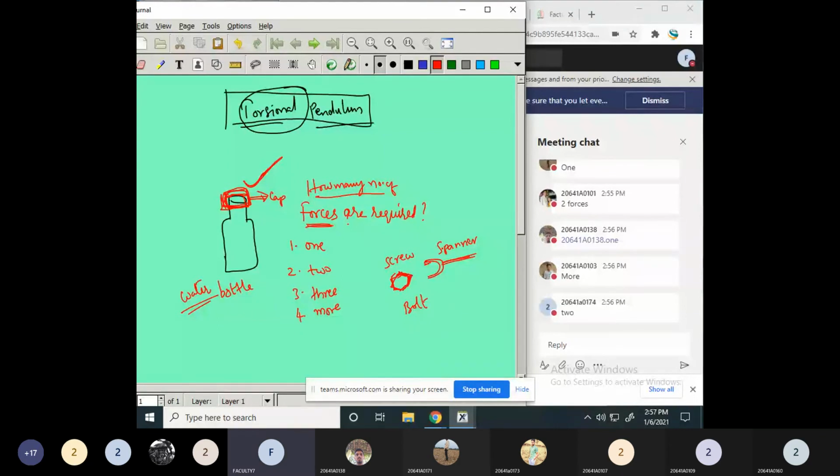Okay, 174 said 2. Two for what? This is the first question, and this is the second question. Question number 2: how many forces are applied to remove the bolt or screw?